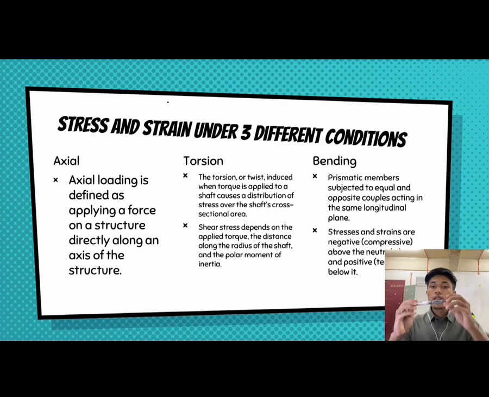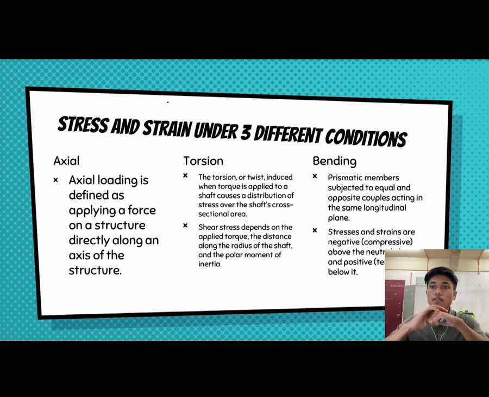It means if we have a beam, the direction of bending is like this, so the bending value is equal but the couple is opposite. It means this end goes in this direction, and this end also goes in the same direction.